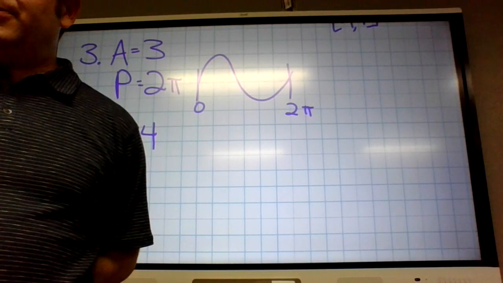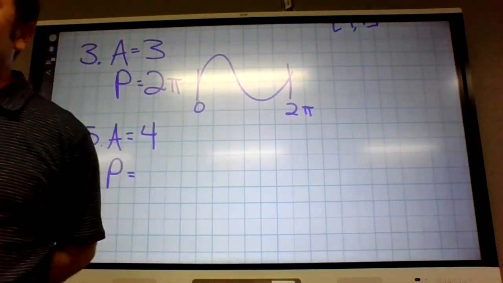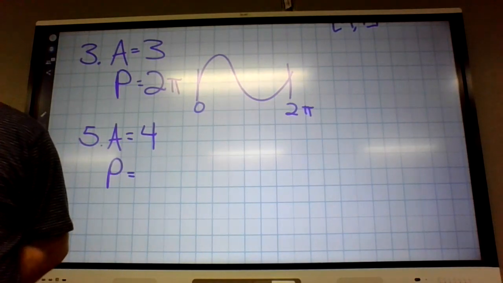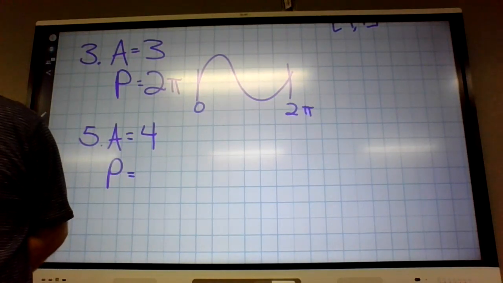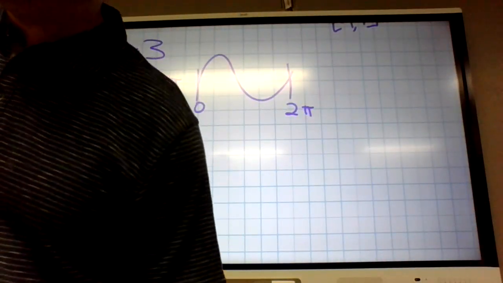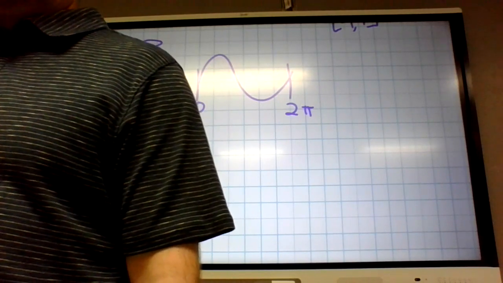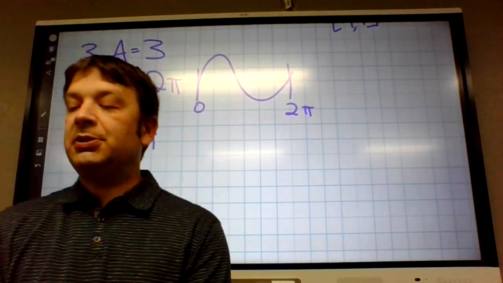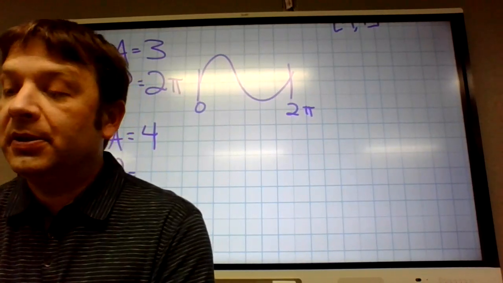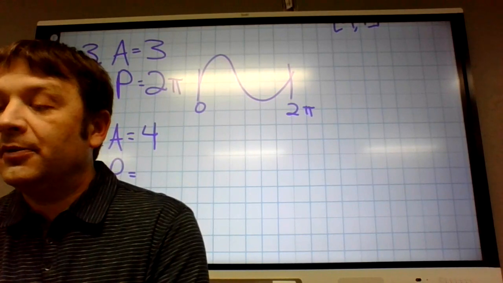On 5, there are a couple of places you could look. Usually I look at the top of the hills. The top of the left hill is just to the right of negative pi. Then the next hill is just to the right of 2 pi.